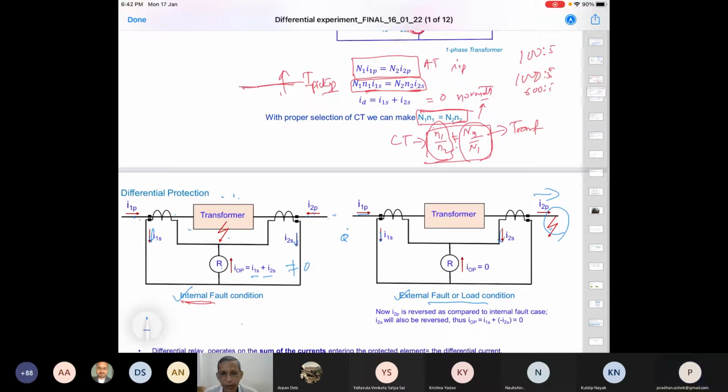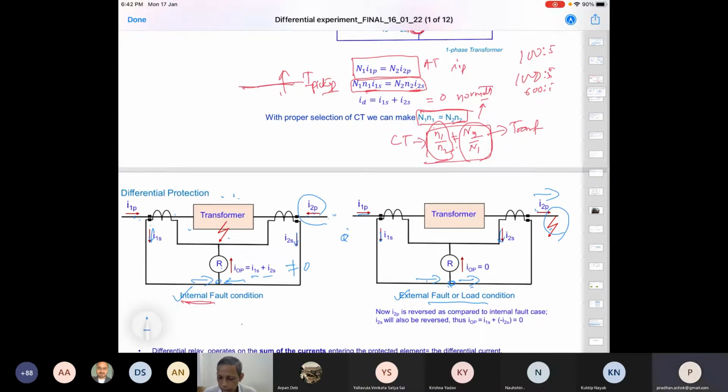So now at this point, we can apply the KCL. Current is coming here and also current is coming here. So these two are added as per this convention. Same convention we have put here. In the external fault case, the current is coming here and the current is going away from here. And if these two currents are the same, then I operating becomes zero.